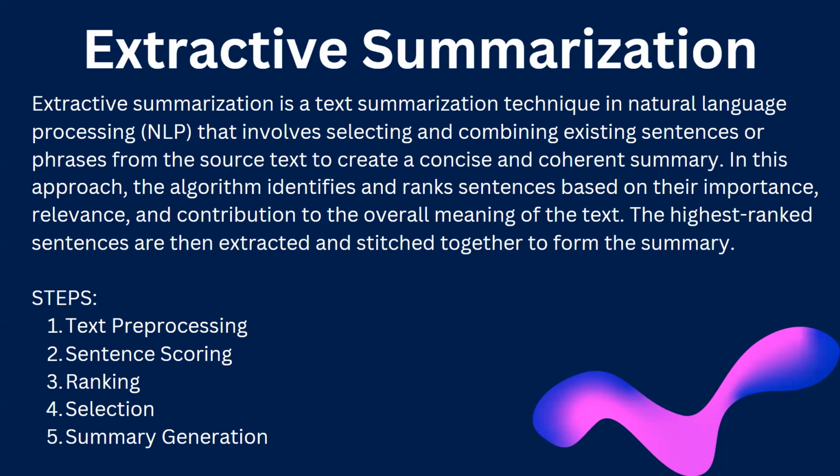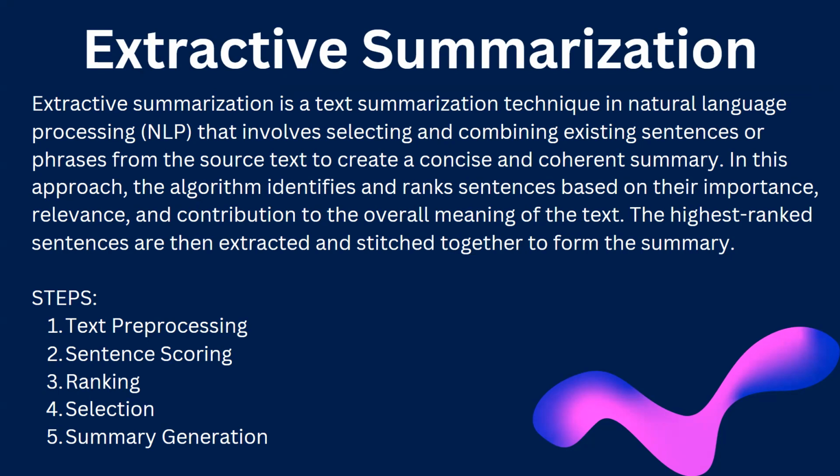Next is the ranking. Once the sentences are scored, they are ranked in descending order of their scores. The highest scoring sentences are considered the most important and are more likely to be included in the summary. Next, selection. A predetermined number of top ranked sentences are selected for inclusion in the summary.